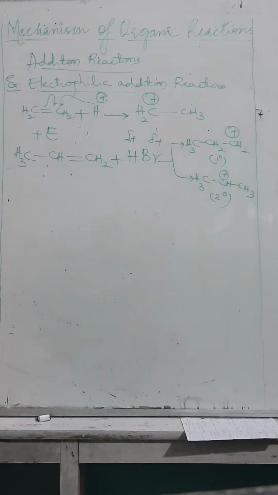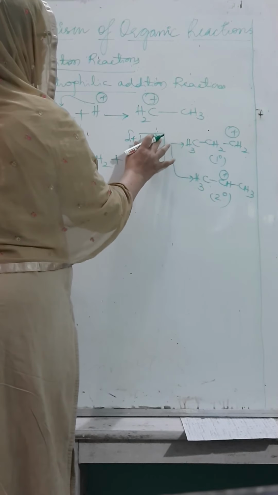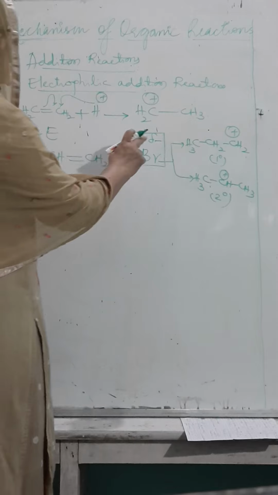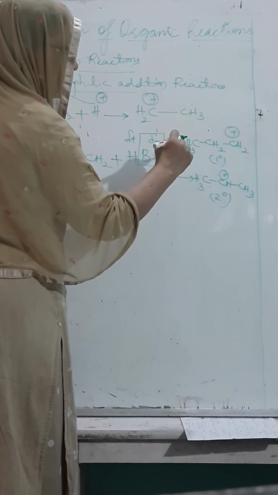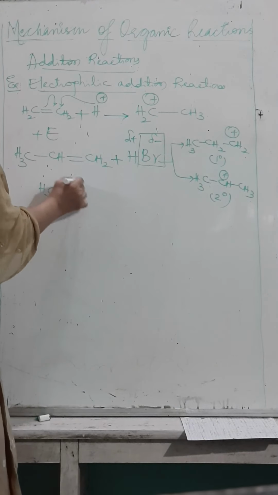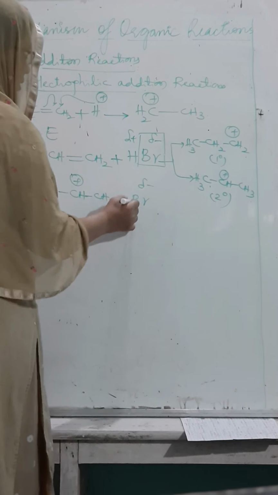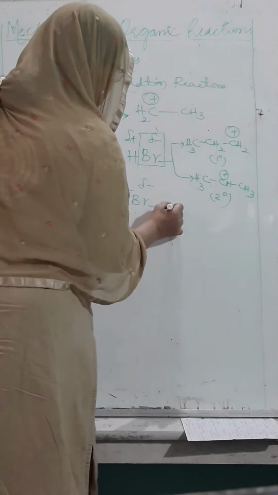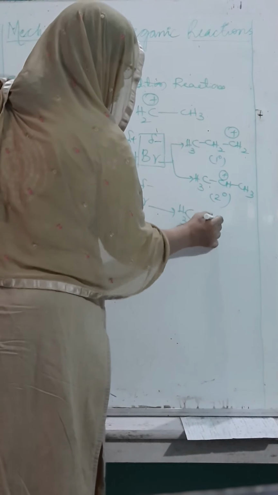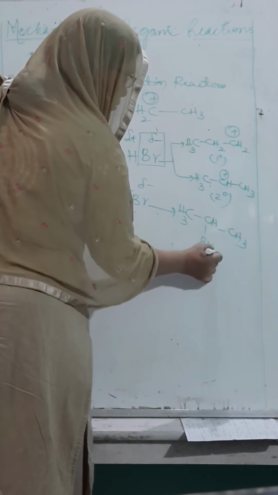The other way, it will produce a secondary carbocation. Have you remembered? As we said in stability, tertiary carbocations are more stable than secondary, than primary. Therefore, Br minus attacks the secondary carbocation, CH3, CH plus, CH3, converting it to 2-bromopropane as the major product.